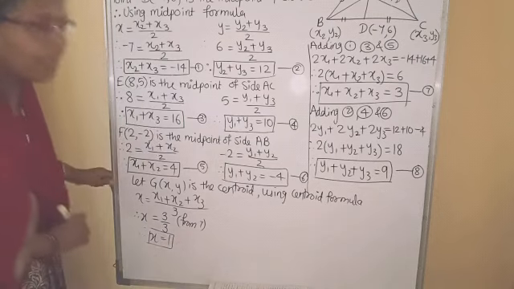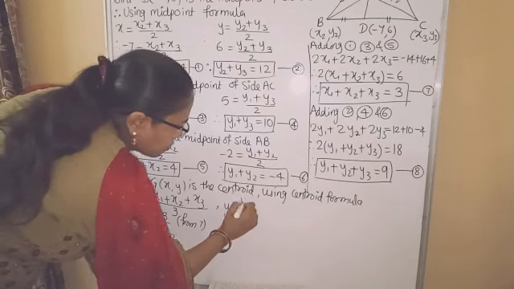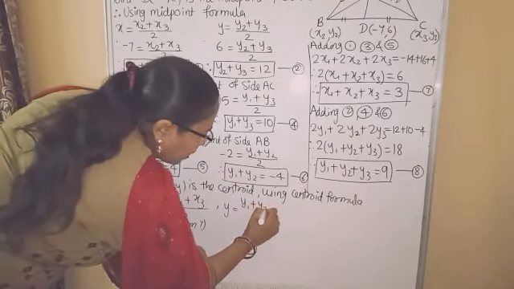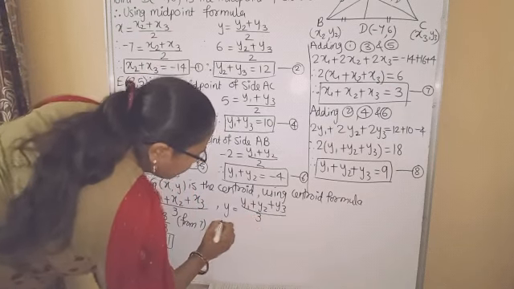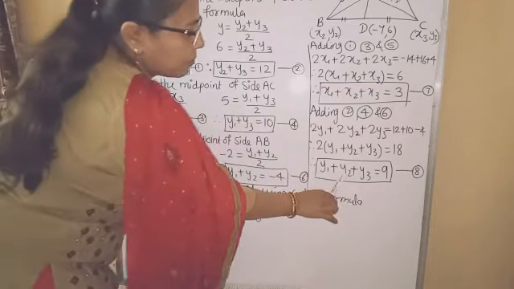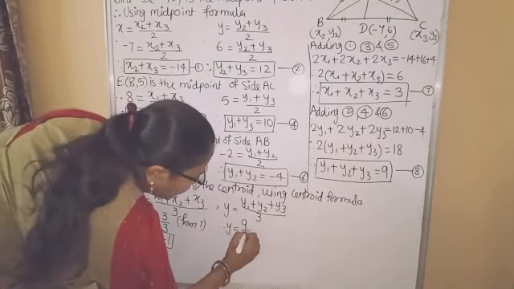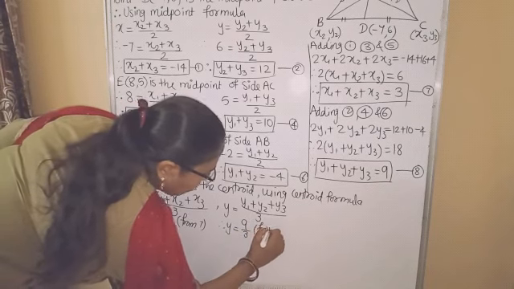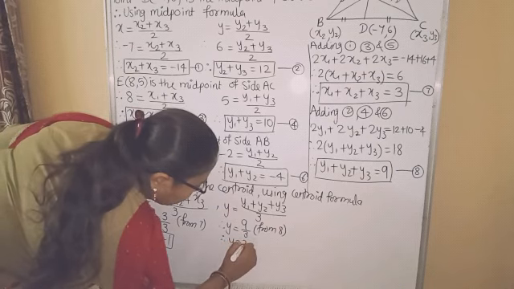And for the y coordinate, (y1 plus y2 plus y3) upon 3, which is 9 upon 3, reason from equation 8. And therefore, y is equal to 3.